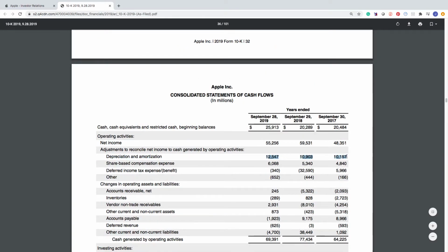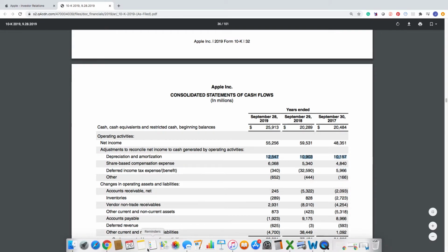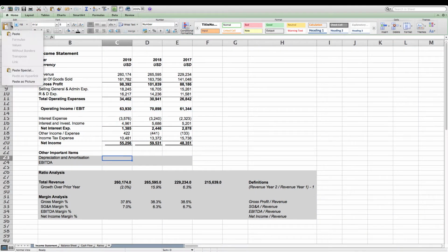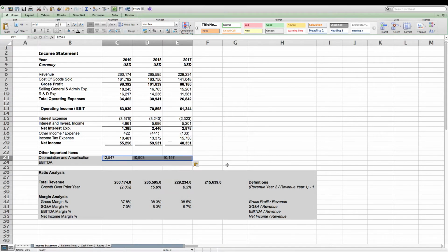So let's just copy this number over and paste it right here.